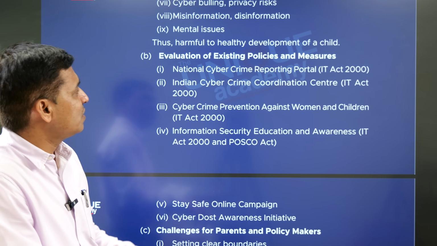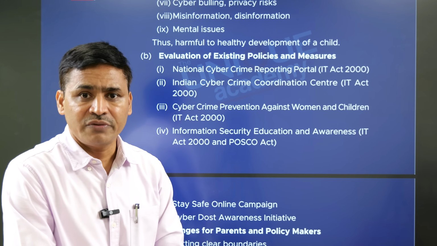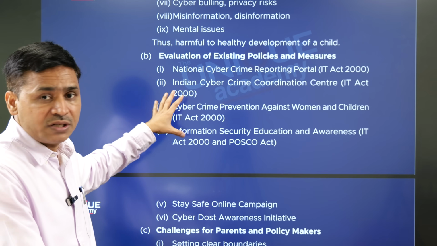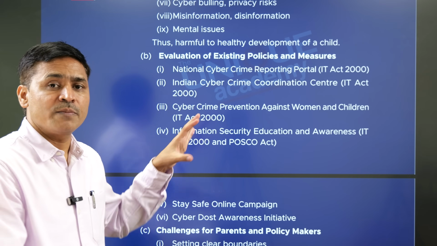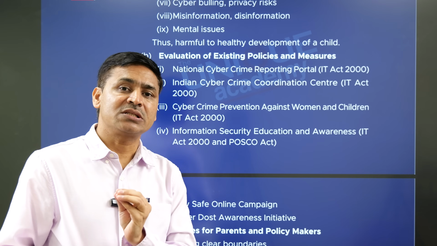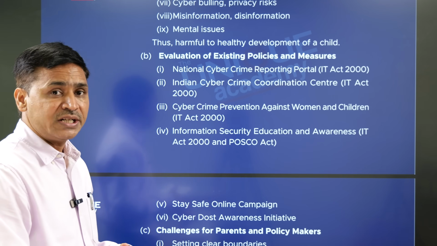Now, evaluation of the existing policies and measures. Niti Aayog in 2025 has come up with a very interesting document, and this part is taken from Niti Aayog's document. So, आपको नीति आयोग के ऐसे कोई डॉक्यूमेंट्स होते हैं जिसका जिक्र न्यूज़पेपर में किया जाता है. So we have to pay attention to that.